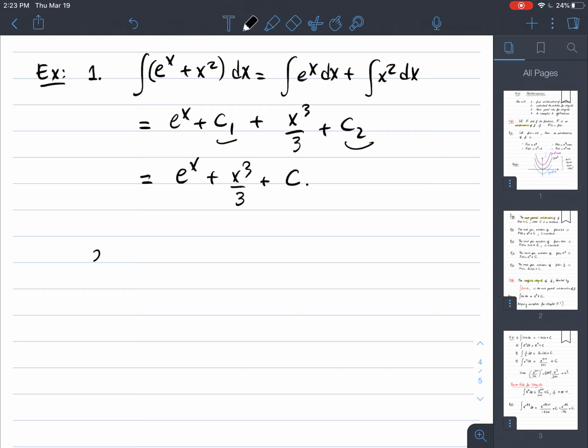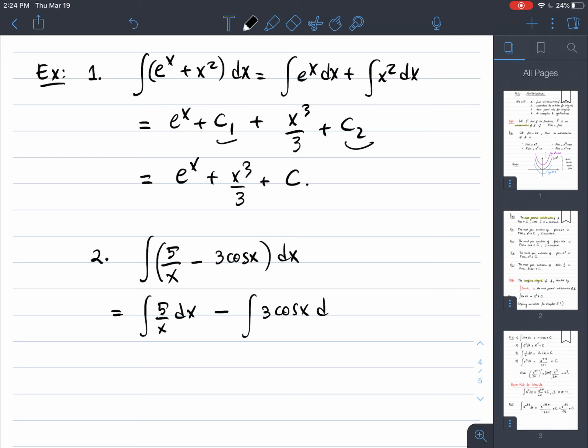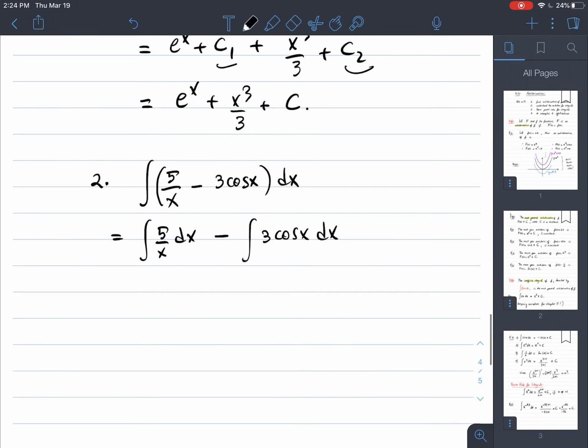Alright, so let's do one more. So for example, the integral of the function, let's say 5 over x minus 3 times cosine x dx is equal to the integral of 5 over x dx minus the integral of 3 cosine x dx. So now you can pull the constant coefficients out.